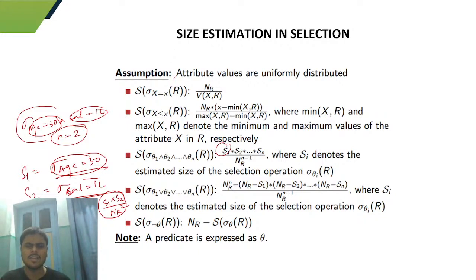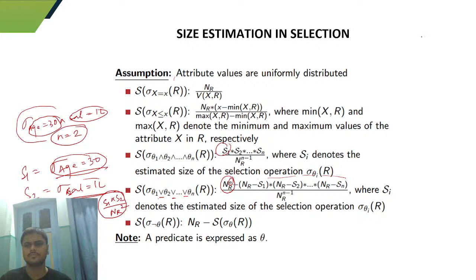Okay, similarly, if you have a disjunction between the propositions, what is the scenario here? From the number of tuples to the power of the number of propositions, we are actually subtracting the entire thing.